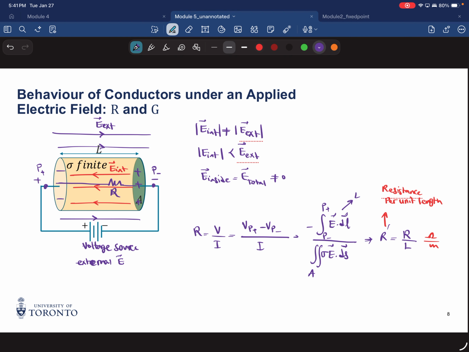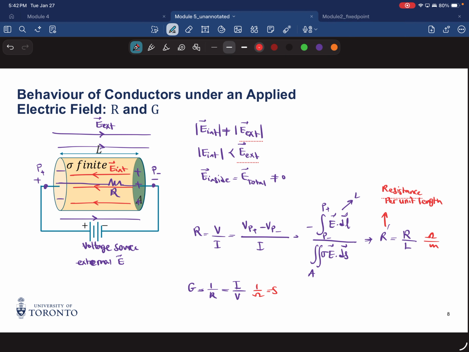And then sometimes you can even define G as the opposite of R, which is conductance. Instead of resistance, we say conductance, and that's I over V. And this is 1 over ohm, or Siemens.